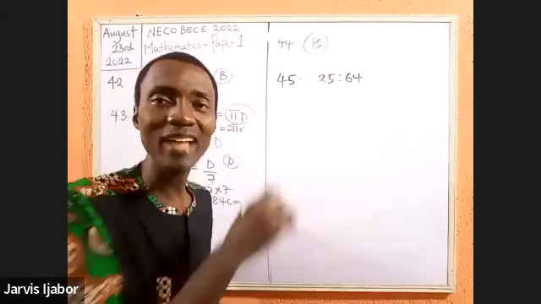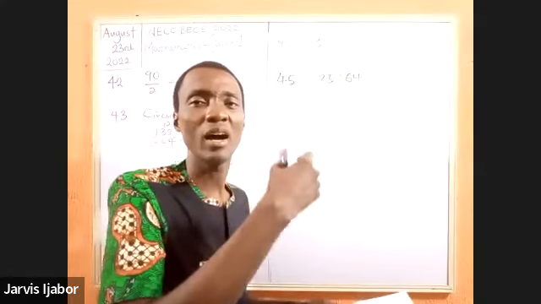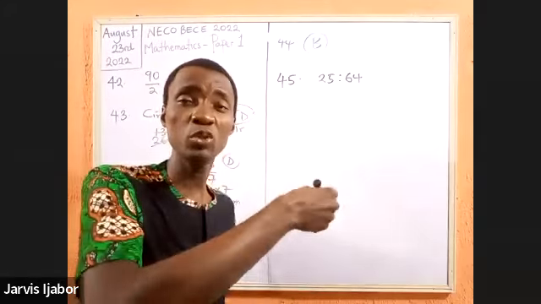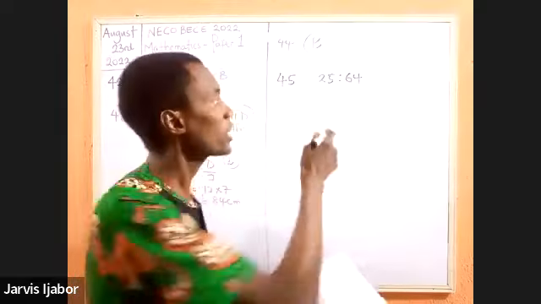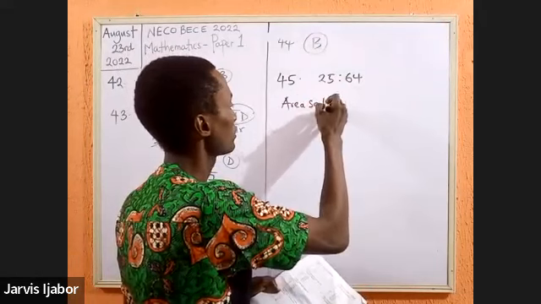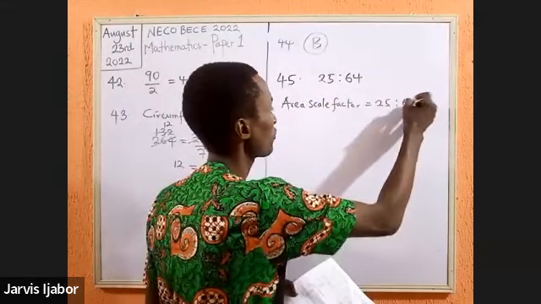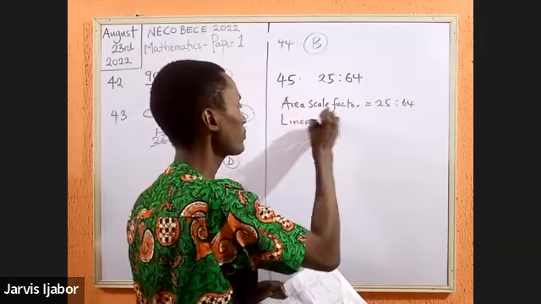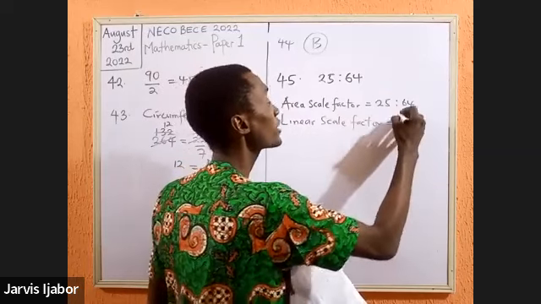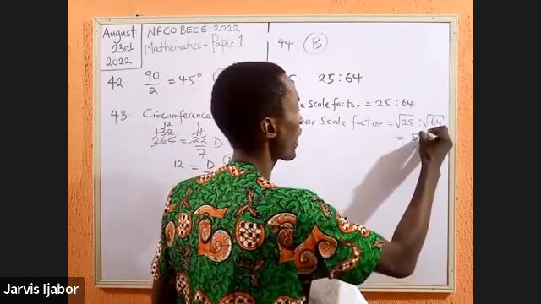25:64. At your level, it is intentionally done that the values you have, whether it's an area scale factor, will be a perfect square, and if it's a volume scale factor, it will be a perfect cube. So if this area scale factor is equal to 25:64, the linear scale factor will simply be the square root of 25 to the square root of 64, and that will give me 5:8.